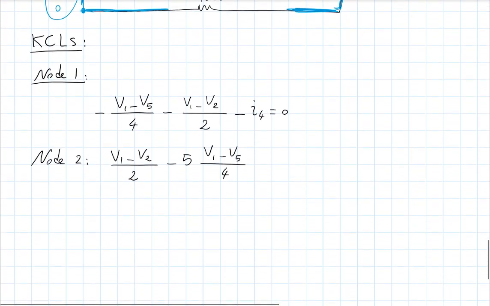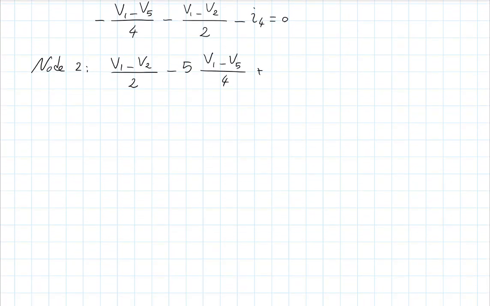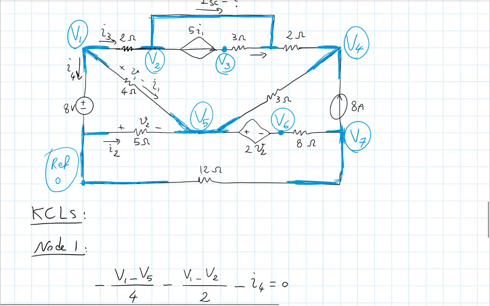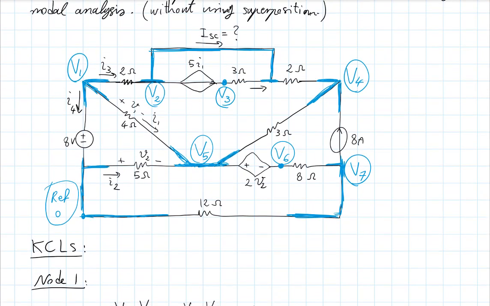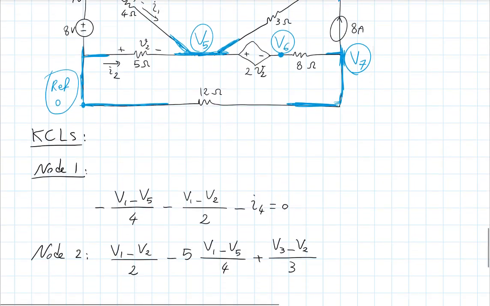So that's going into the node. And then finally, I have this current leaving. That's V2 minus V4 divided by 2.